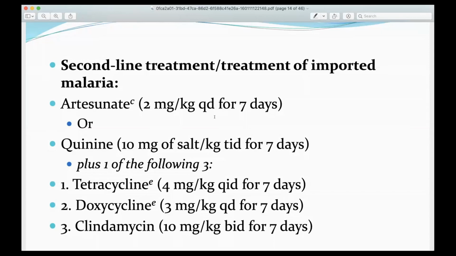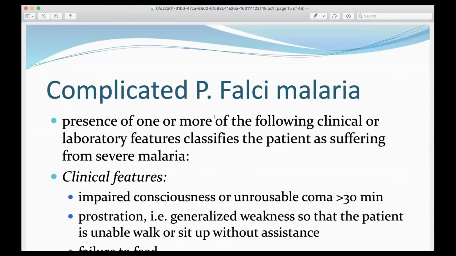If there is a sign of QT prolongation, you have to switch from chloroquine to artesunate. Quinine also has the property of QT prolongation, and other drugs you can use are doxycycline, tetracycline, clindamycin.